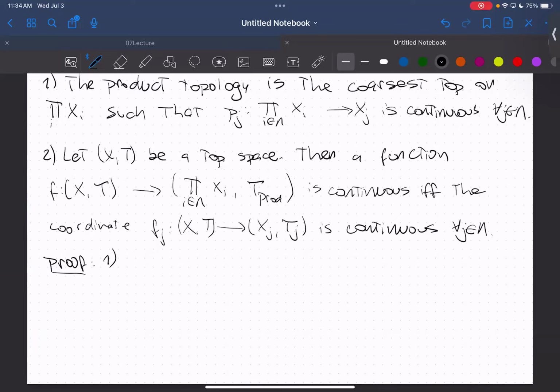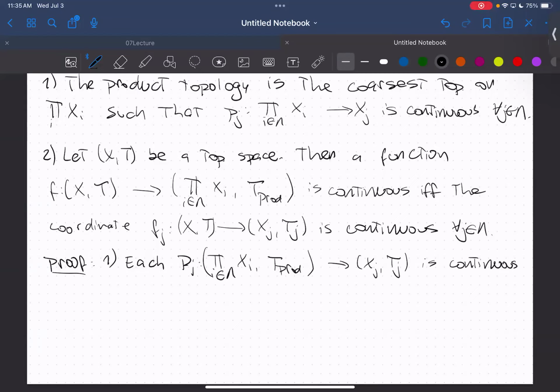So first I need to show that each projection going out of the product with the product topology to my Xj is continuous. That's the first thing we want to show.